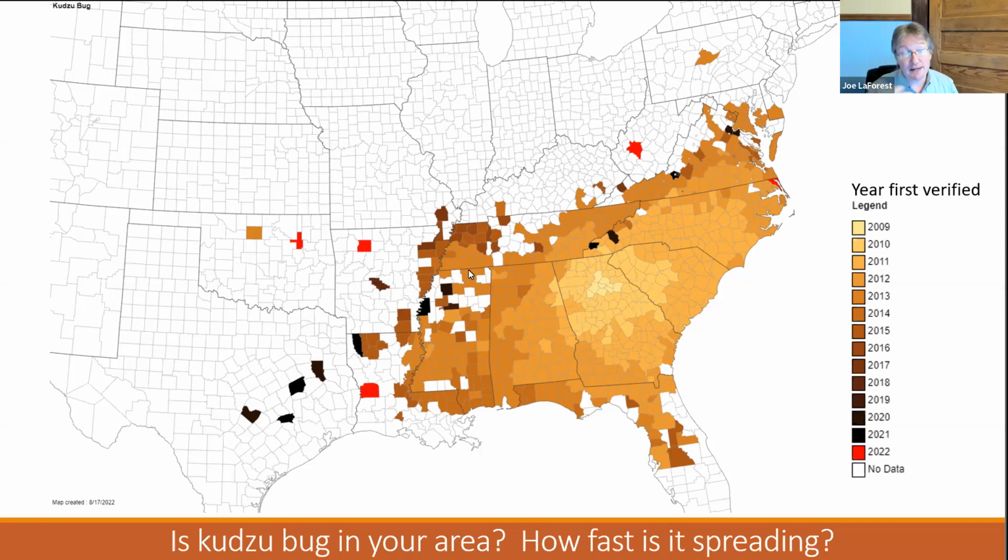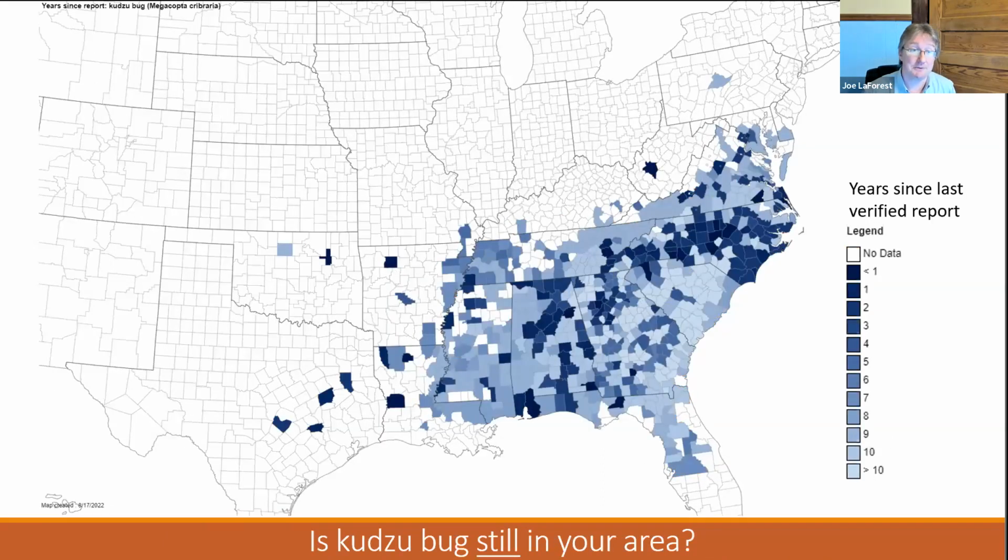We've taken this same data and the group started asking a different question, because this is nice, but it kind of gives the impression that this brown area must just be thick with kudzu bugs. You're swatting them off all day long and they're getting into your soybean. Well, that's not what was being seen in the field.